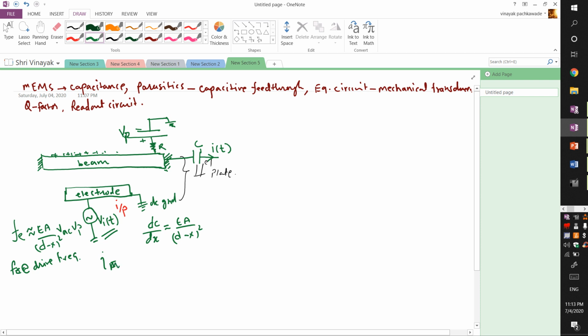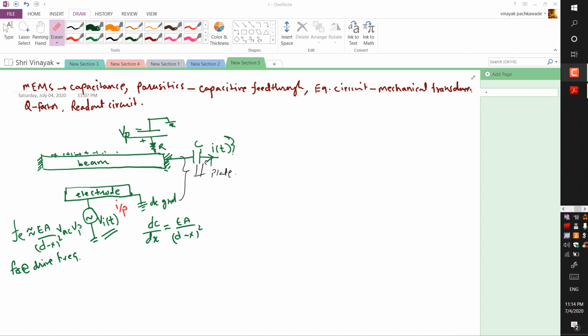We've seen that that is called IM, motion current, and that gets available over here. We'll derive an expression of motion current as well, but before that let us see what is now the feed through over here, or what is this motion current.